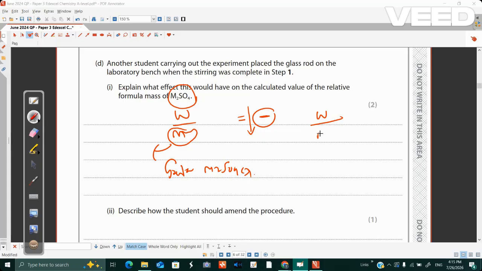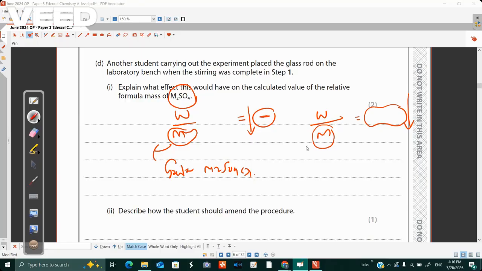While w divided by m is equal to the number of mass you obtain in the precipitate, right? So since you have obtained a low amount of mass, the value over here must be greater in the calculation.